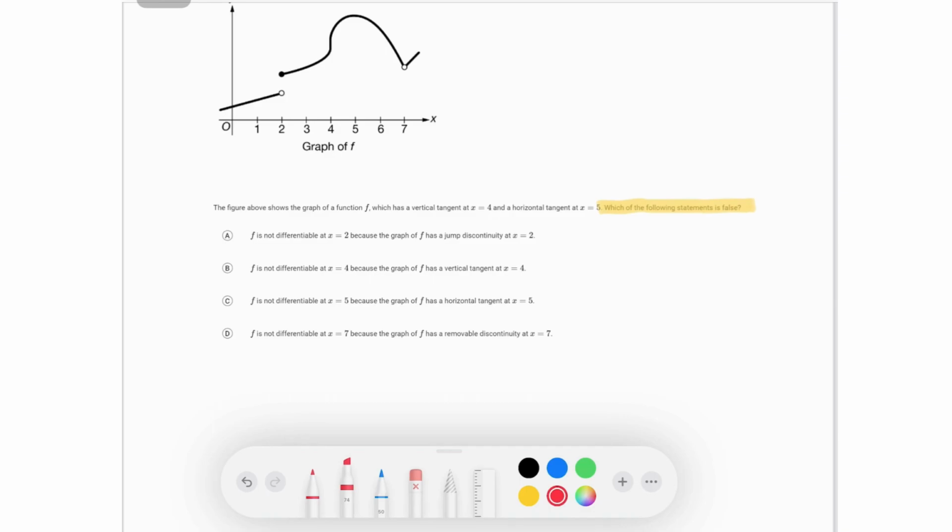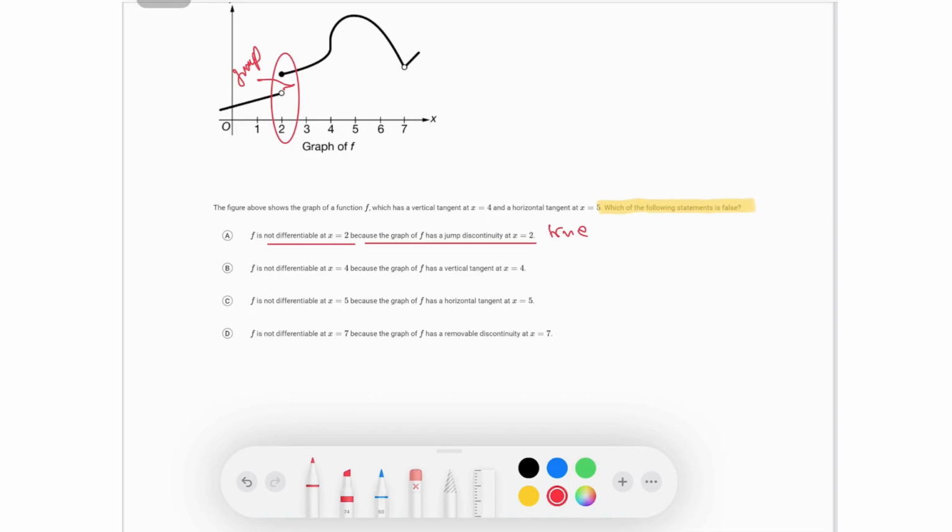That is the trick. F is not differentiable because the graph has a jump. You can see at 2, it has a jump. So this is correct, so that's true.